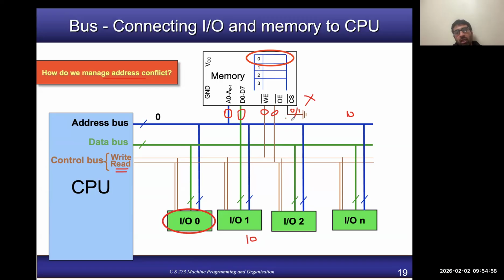But if we permanently connect it with the low signal, it means that we can't do that. We cannot dynamically change the value of this input to 0 or 1 depending upon the address in this current configuration, right? So how do we manage this address conflict?